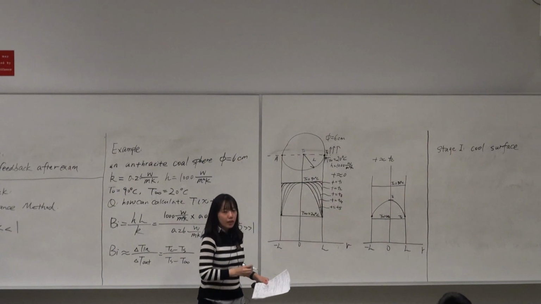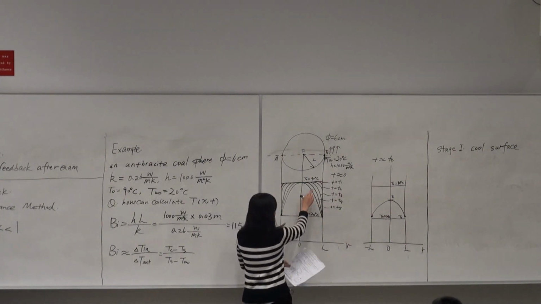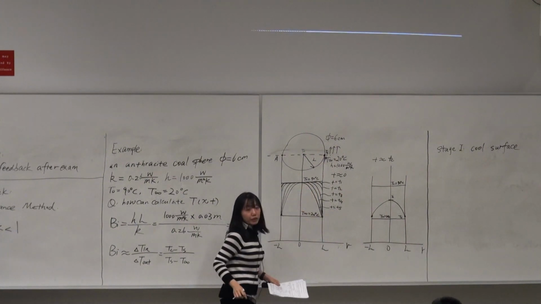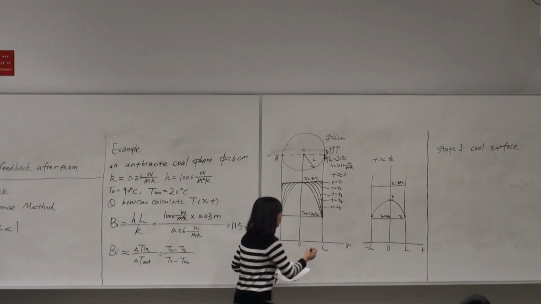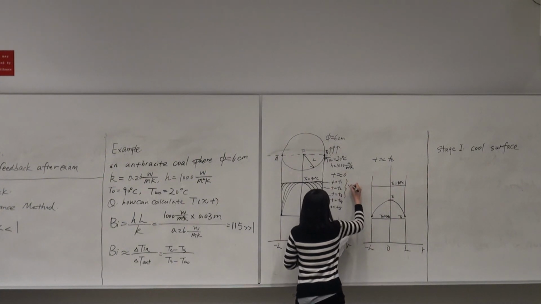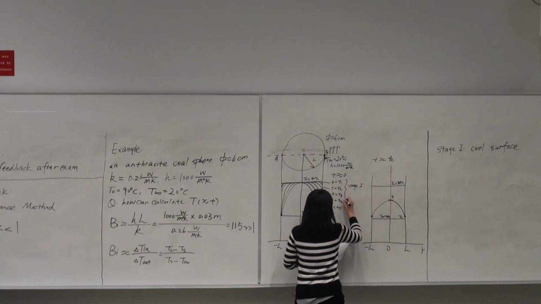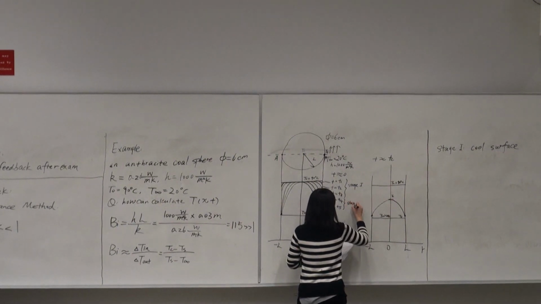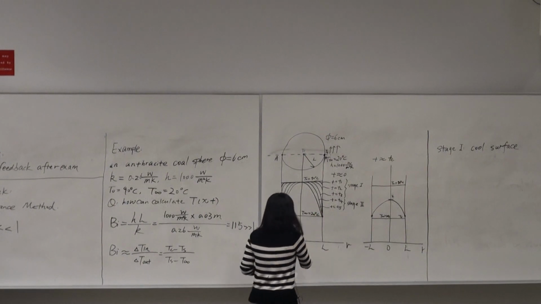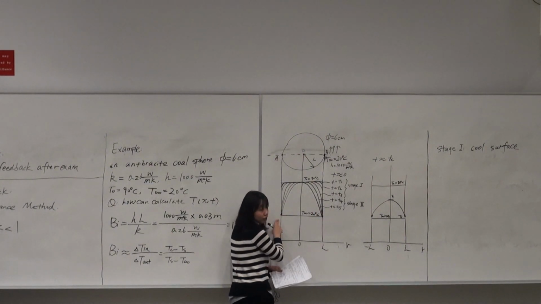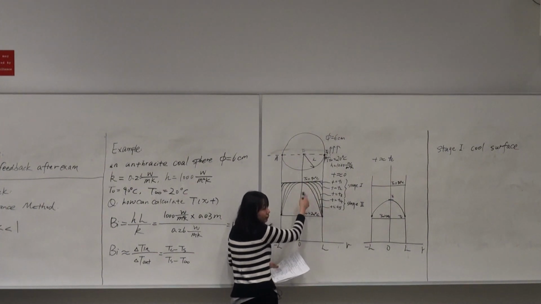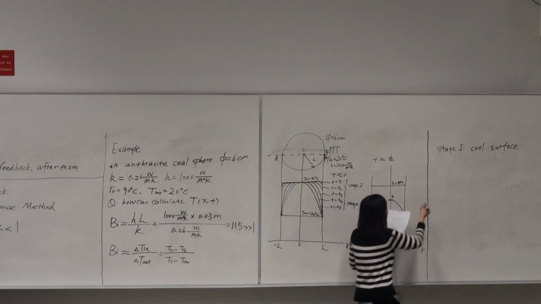It still takes some time for the heat to transfer until it reaches the center of the sphere. We call this stage 2. In this stage, surface temperature maintains T infinity, but the profile penetrates until it gets to the center.